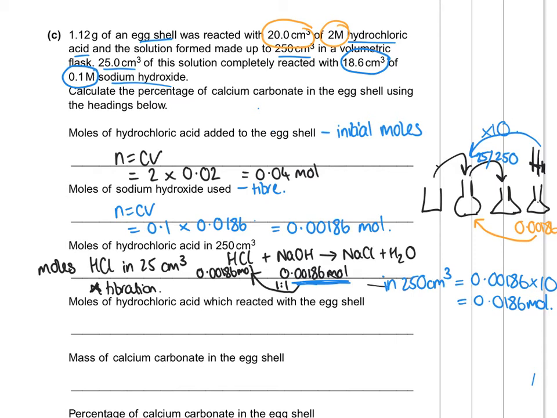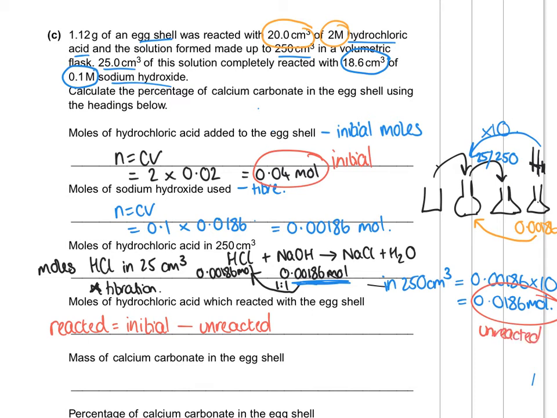Okay, number of moles of hydrochloric acid reacting with the eggshell. This is us at the stage of working out how much reacted. And remember, we must use the equation reacted equals the initial moles added minus the unreacted. This is your initial moles and these are your unreacted moles. So try to get that in your head.